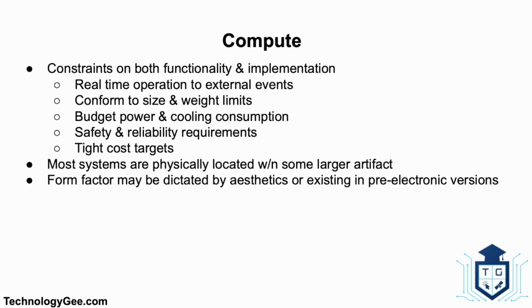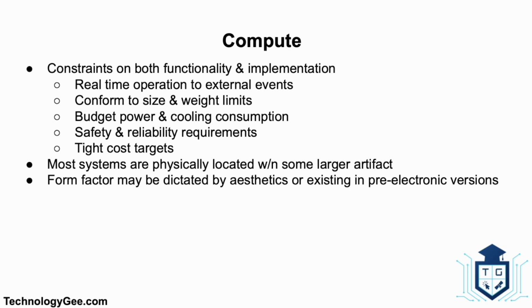Next, let's talk about compute. So embedded systems typically have tight constraints on both functionality and implementation. In particular, they must guarantee real-time operations reactive to external events, conform to size and weight limits, budget power and cooling consumption, satisfy safety and reliability requirements, and meet tight cost targets. Many embedded systems are physically located within larger artifacts.